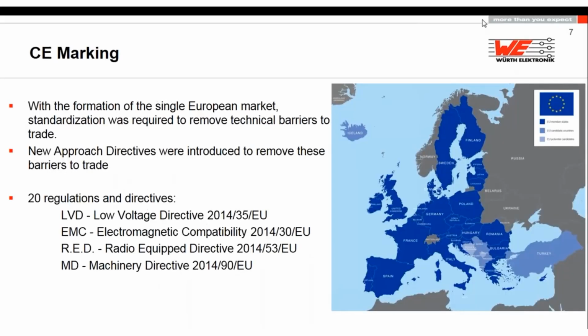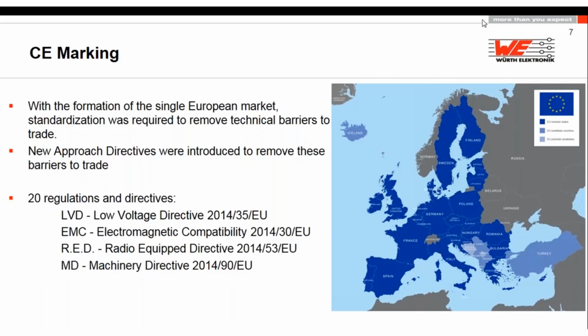First of all, when you are talking about EMC, you have to fulfill different directives. When you put something on the European market and you want to sell this device, it must be compliant with CE compliance. And the CE marking is different depending on your device.